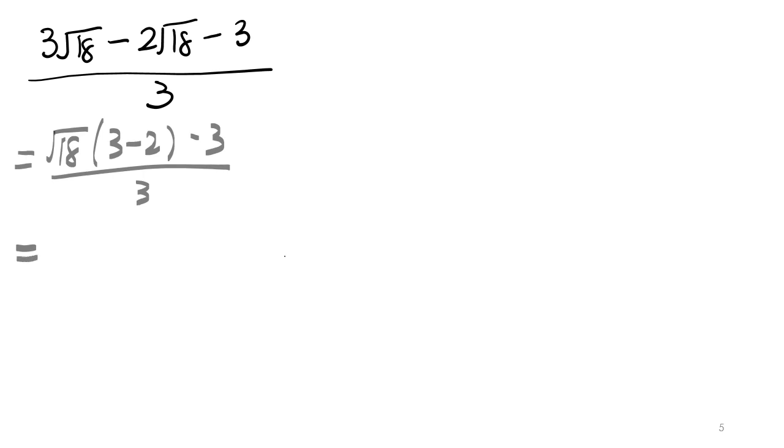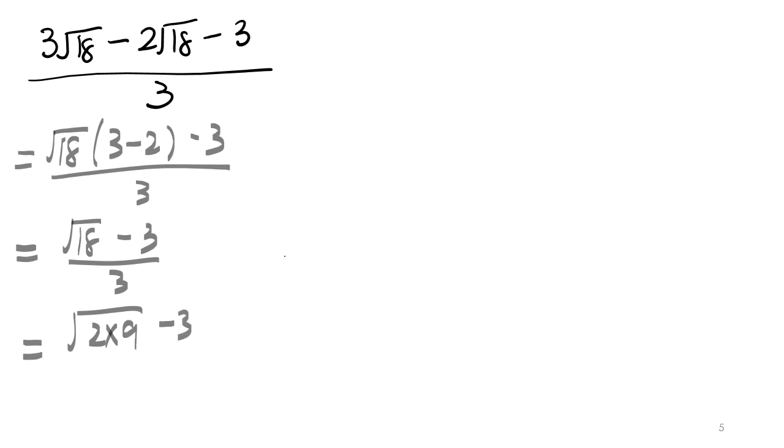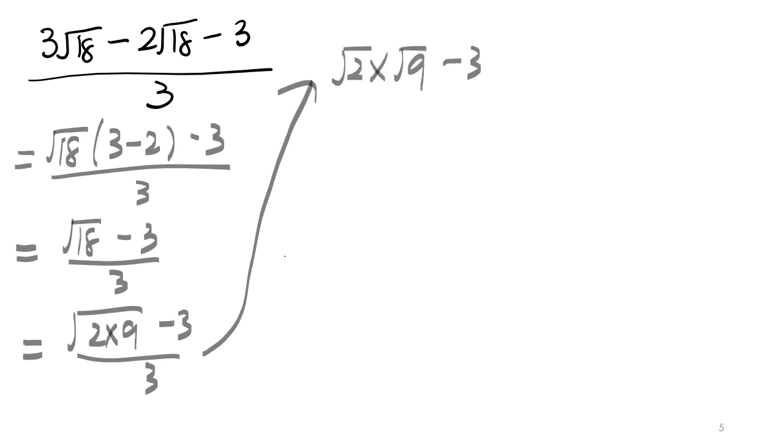So square root 18 times 1 will be just square root 18. So can you see that 18, you can still express it as 2 times 9. It means you can simplify it further. As long as you can write it as a number and a perfect square, it means that surd can be simplified further. So that will give you square root 2 times square root 9 minus 3 over 3.